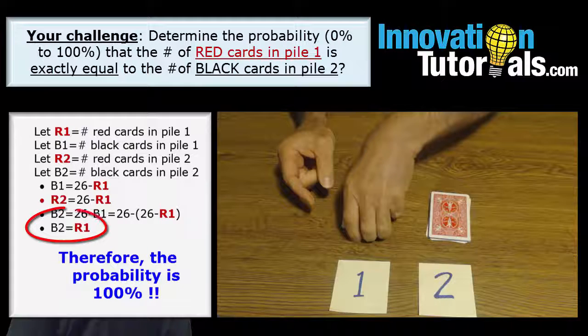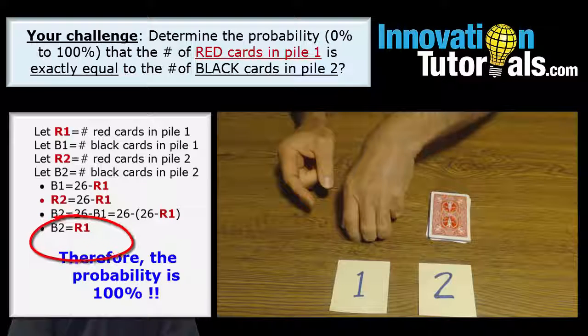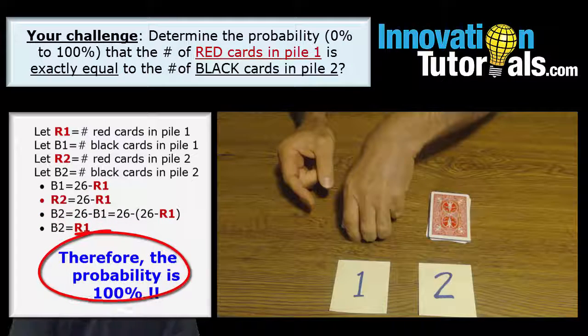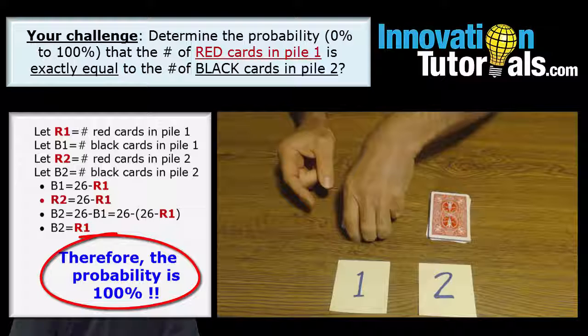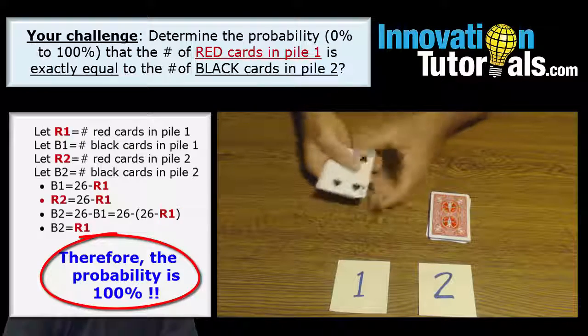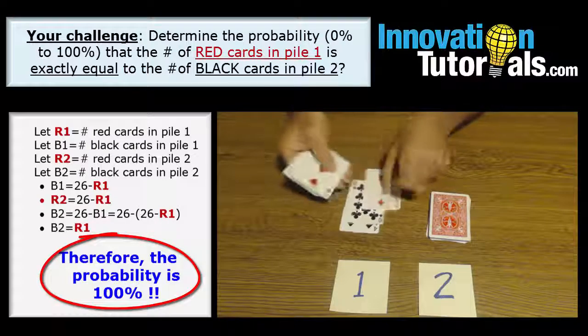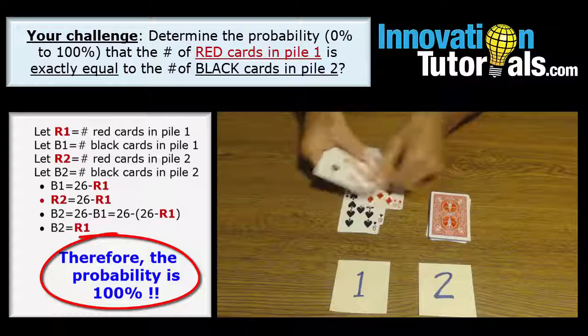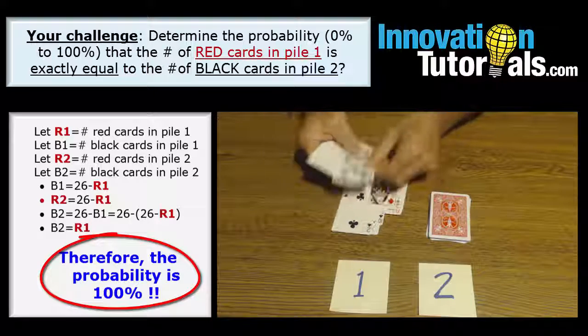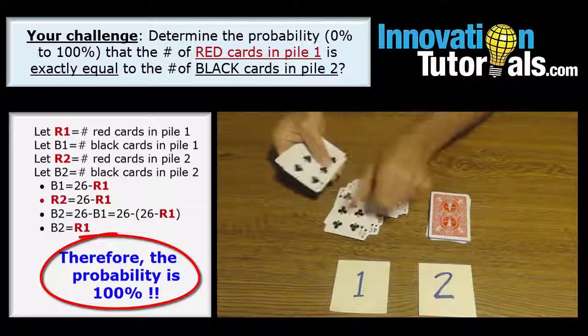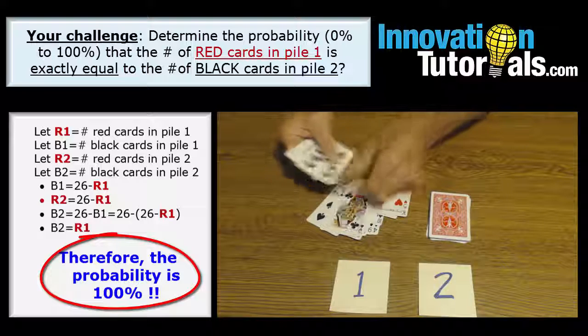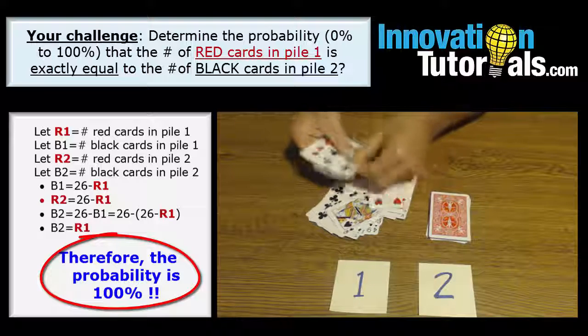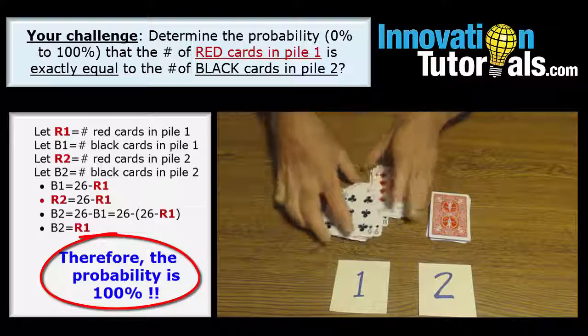And we find out that B2 equals R1, which means there's a 100% probability that the number of black cards in pile 2 is exactly equal to the number of red cards in pile 1. So let's see if that's actually the truth. Let's see how many red cards are in pile 1. 1, 2, 3, 4, 5, 6, 7, 8, 9, 10, 11, 12.